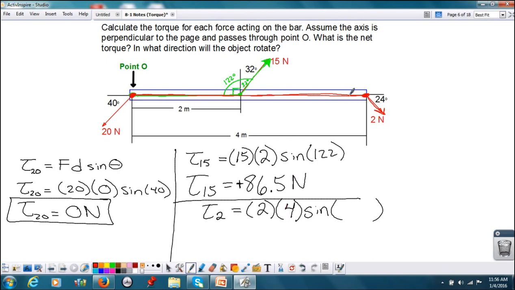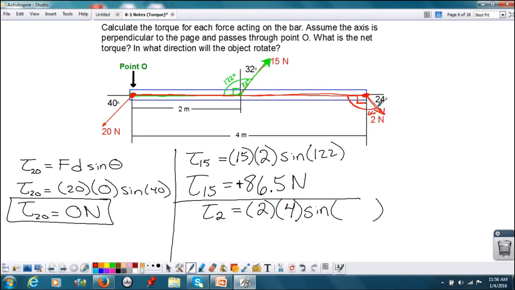So I need this angle right here, which is not 24 degrees. It's going to be 90 here, and then over there I have to do a little bit of math. This angle right here and the 24 are complementary angles. They're going to add up to 90. So 90 minus 24 is 66. So this is a 66-degree angle right here.